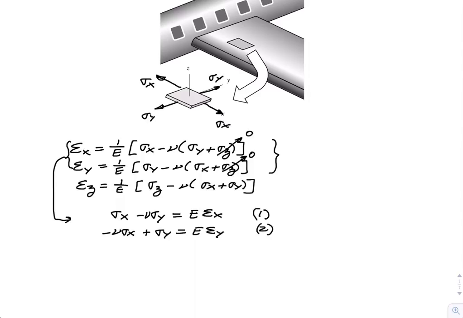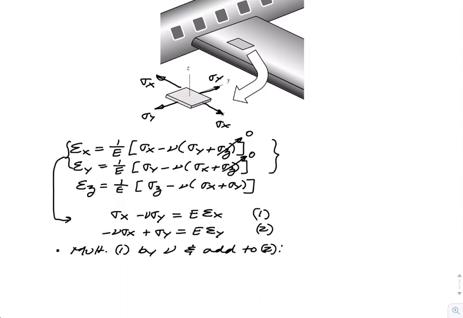I'm going to do two things. I'm going to multiply 1 by nu and add to 2. The reason for this is it allows me to get rid of the appearance of sigma x.